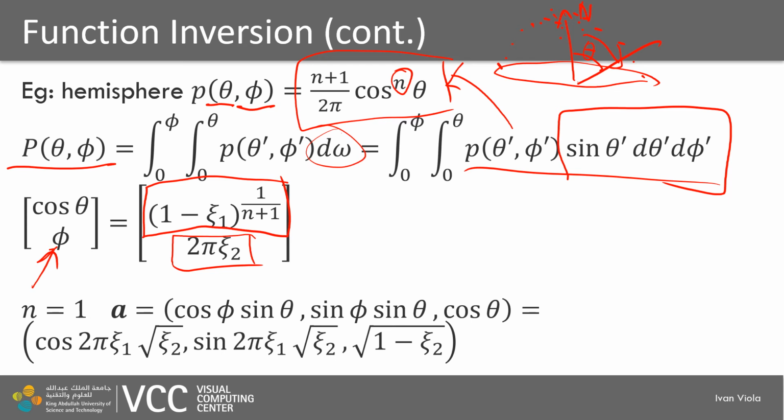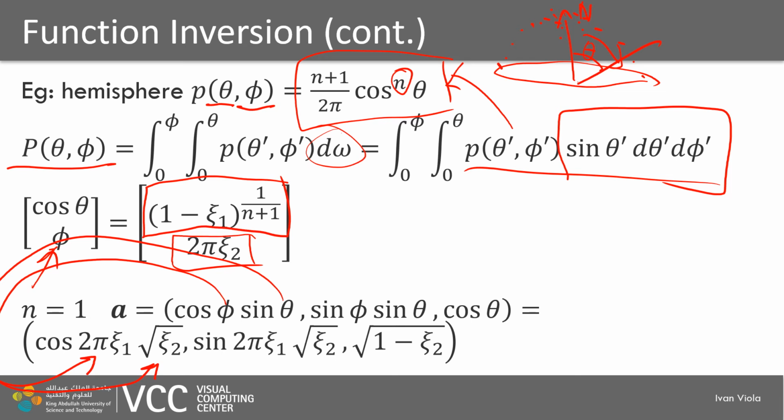If we would like to get an actual vector or point on the surface in Cartesian coordinates, we will have the cosine phi, which is here, times sine theta, which is here.